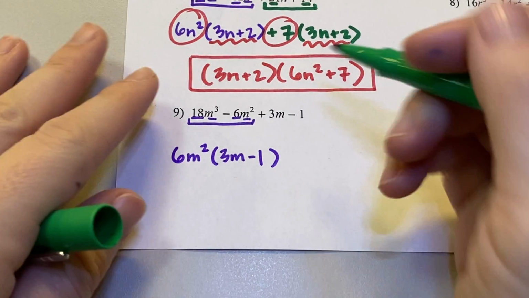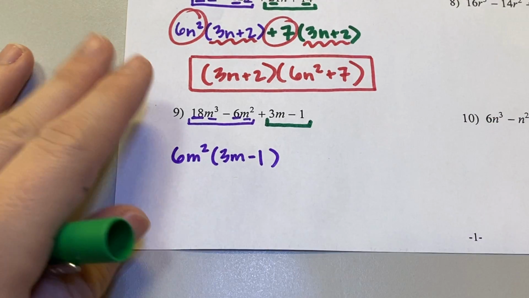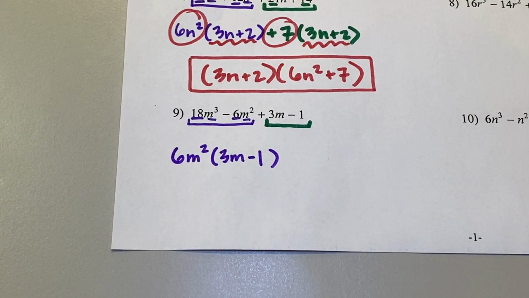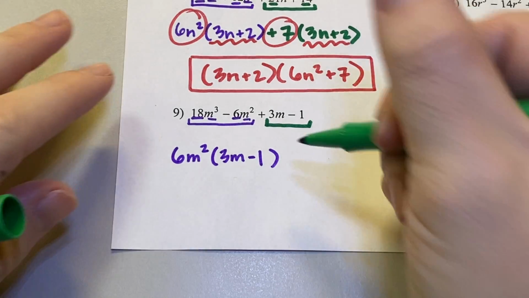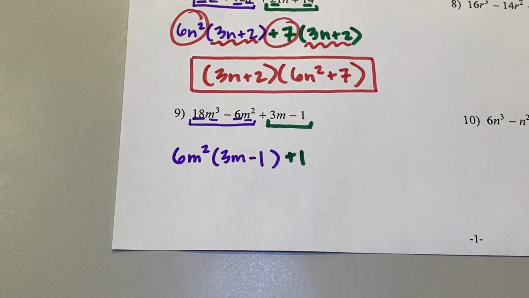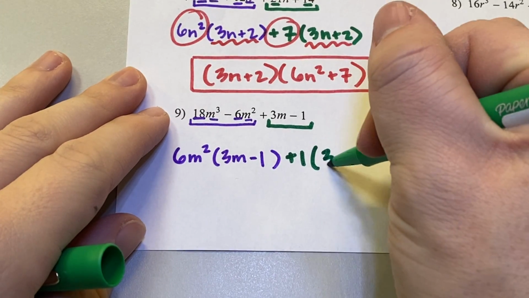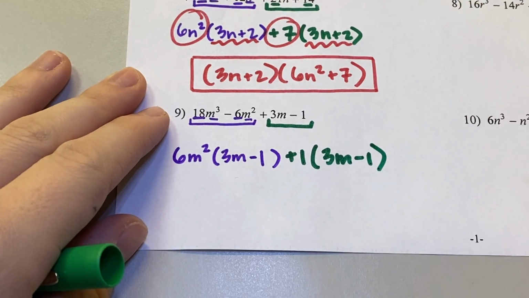Let's look at my second group. 3 and a 1. Anything they have in common? Nope. So the only thing we can take out is what? Just like on our starter, 1. When they have nothing in common, take out a 1. And it just leaves the same exact thing inside.